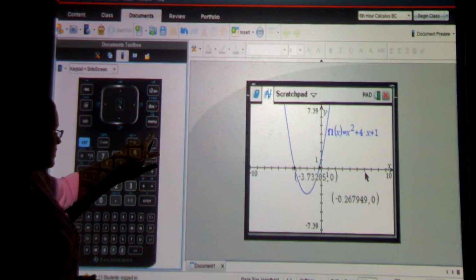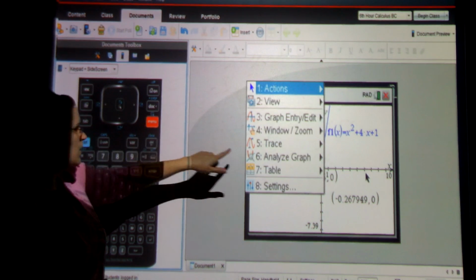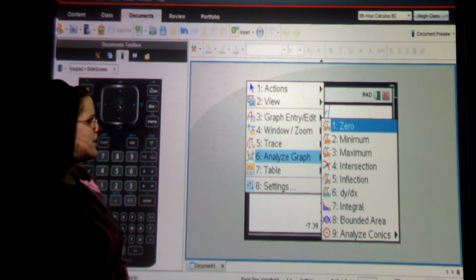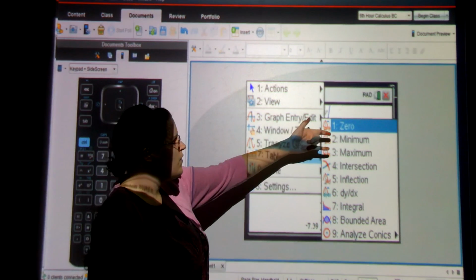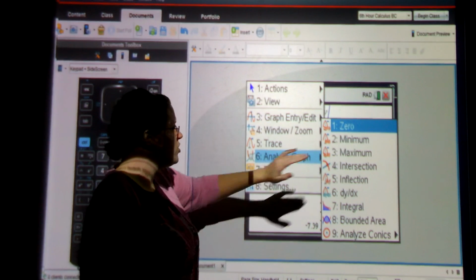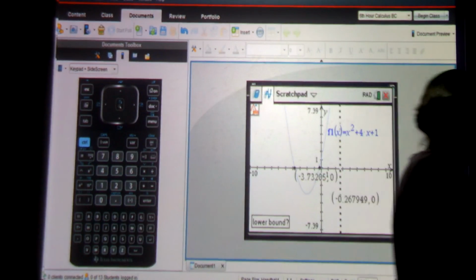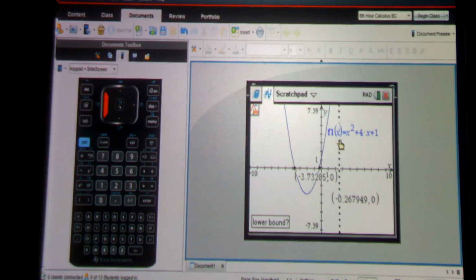Analyze graph. Instead of hitting zero, you can find the min or the max. If it's a minimum like the one I just drew, you can use that command. And to do that on either calculator, you go a little before the minimum, enter, a little after the minimum, enter.